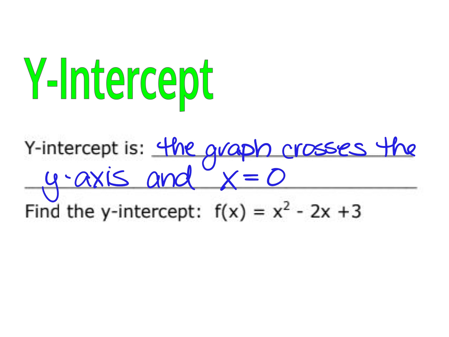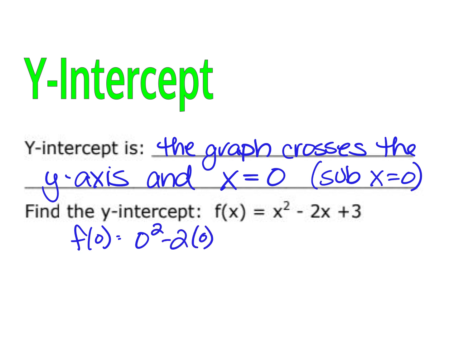The way we would find this is we would substitute x equals 0. So f of 0 equals 0 squared minus 2 times 0 plus 3. Basically that's 0, 0, so f of 0 equals 3. That means the y-intercept is at 0, 3.